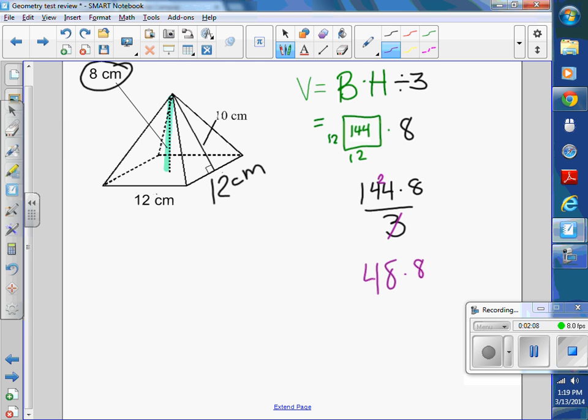So, are we okay here? So I'm going to do 48 times 8, and that is 8 times 40 is 320, and 8 times 8 is 64. So 384, and the units were centimeters, and it's volume, so it's cubic.